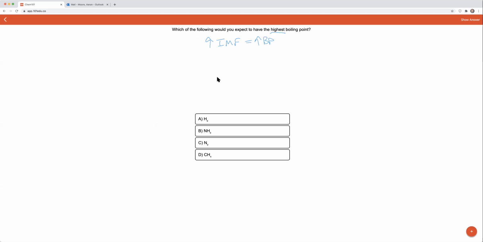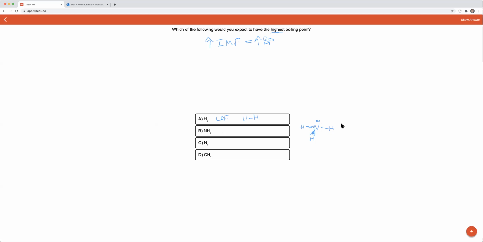Again, thinking about the intermolecular forces present: this one has just London dispersion forces because it's a nonpolar molecule. It's just two hydrogen atoms connected together, no electronegativity difference, and very small molar mass. With ammonia, the Lewis structure, if you remember, has a hydrogen, then a hydrogen coming out of the screen, a hydrogen going into the screen, and the lone pair.